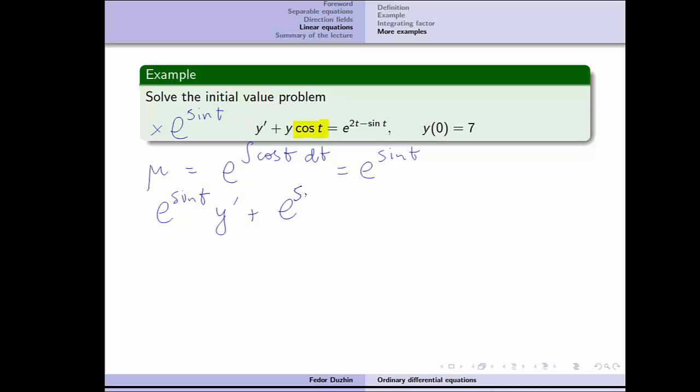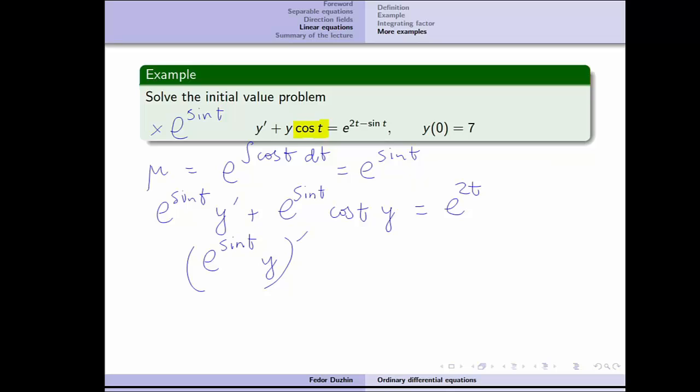e to the sine t times cosine t times y equals e to the power 2t, and then we have minus sine t plus sine t is nothing, so that's just it. Now, according to the method, the left hand side should be e to the power sine t, which is our integrating factor, times y, everything prime.